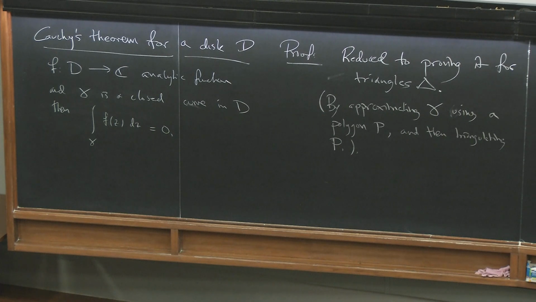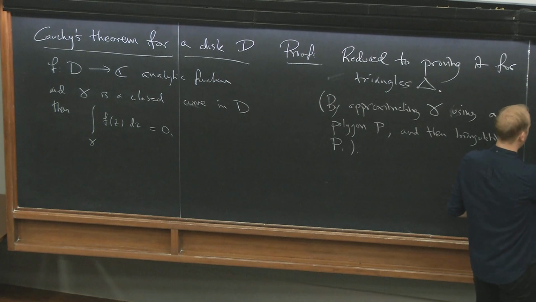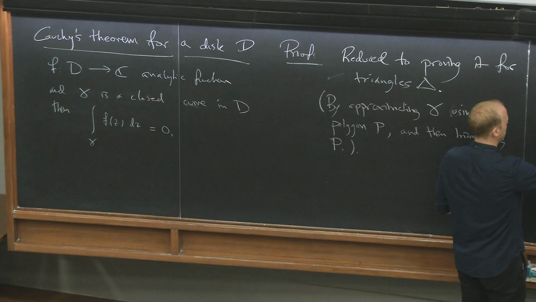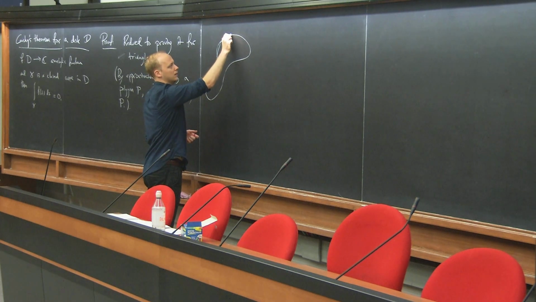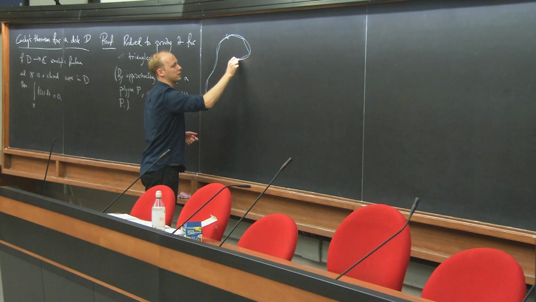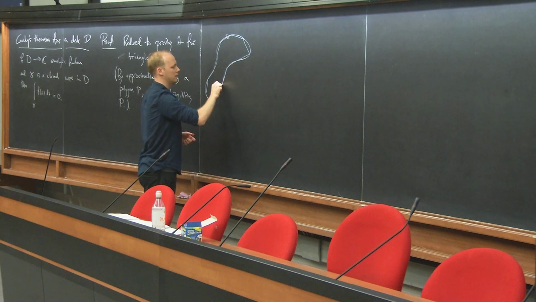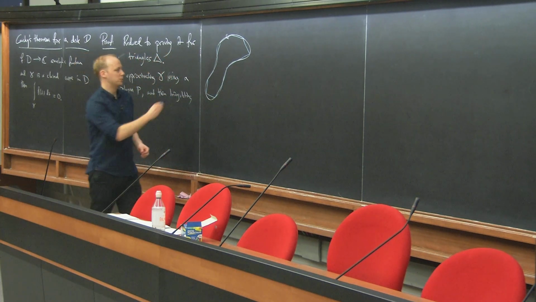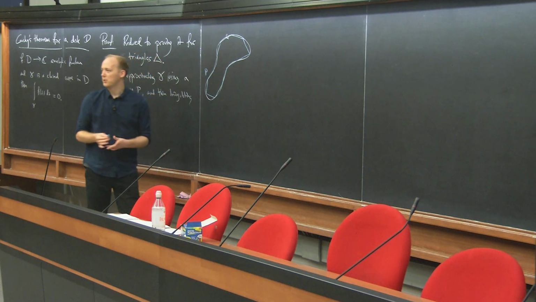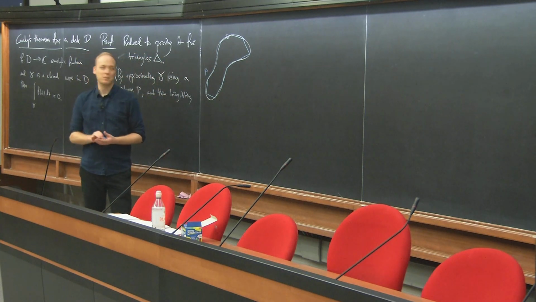Seems suitable to have another color for this. Okay, so we took the polygon here in blue. Okay, so we're doing something like this. Okay, this is P. And then we triangulated this polygon, if you remember, in such a way.